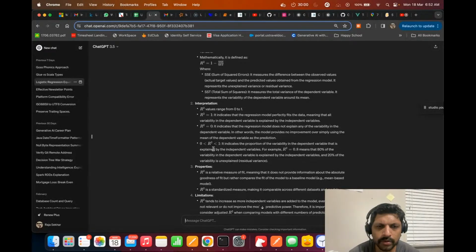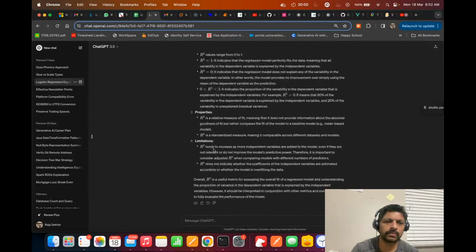It does not provide information about the absolute fit, but rather compares the fit of the model to a baseline model. Overall aspect.